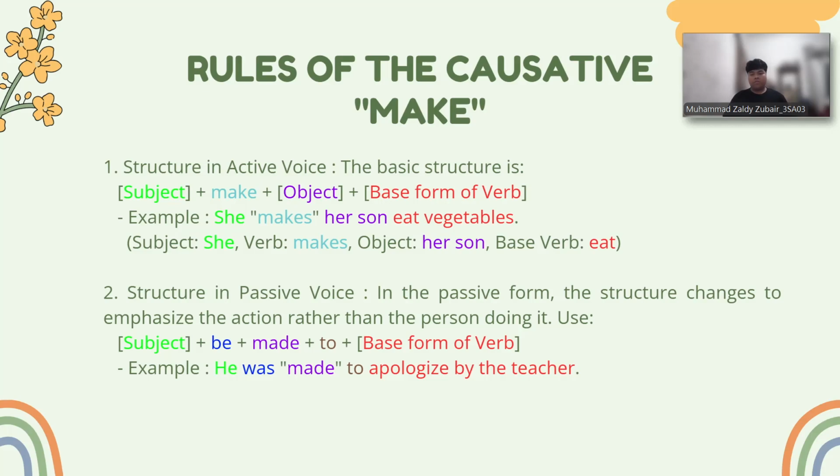Number two, structure in passive voice. In the passive form, the structure changes, emphasizing the action rather than the person doing it. It uses subject plus be plus made plus to plus base form of verb. Example: he was made to apologize by the teacher. He is the subject, was is the be, made is the made, to is the to, and apologize is the base form of the verb.